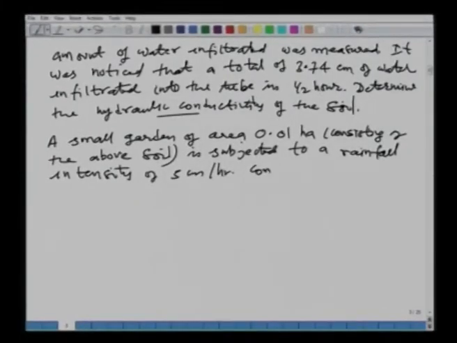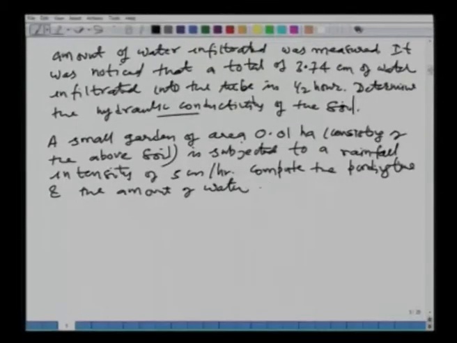And what we have to do in this part is compute the ponding time, and the amount of water infiltrated at ponding, that is just at the ponding time, into the garden.